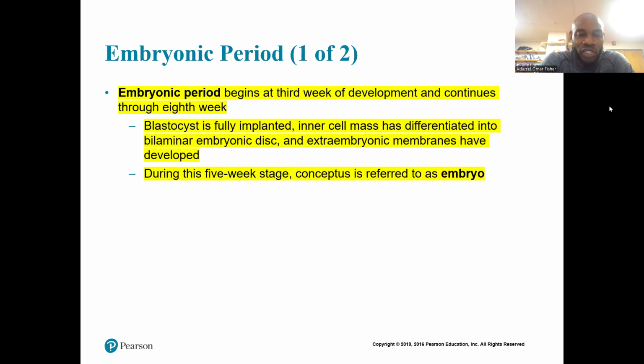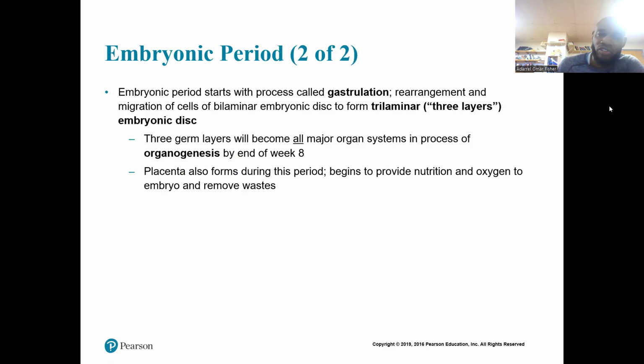The blastocyst is fully implanted in the uterine wall. The inner cell mass has differentiated into the bilaminar embryonic discs, and extra embryonic membranes have developed. During this 5-week stage, conceptus is referred to as embryo.